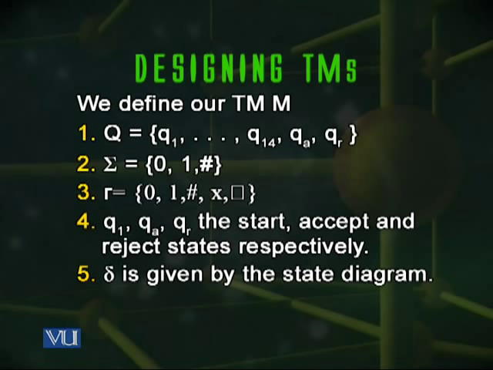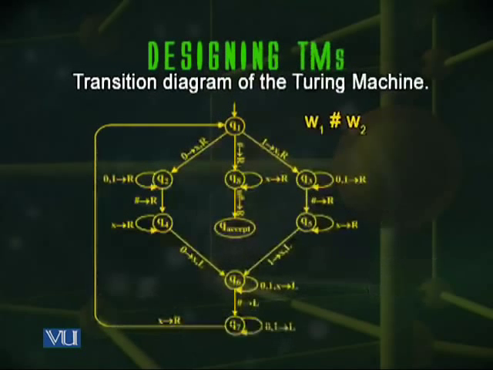Delta, the transition function, which is the most important part of a Turing machine, is given by the following state diagram. If you look at this state diagram, you would find that it's slightly different from the state diagrams that we have seen before. This state diagram does not have the state QR, or the reject state, in it. What does that mean?